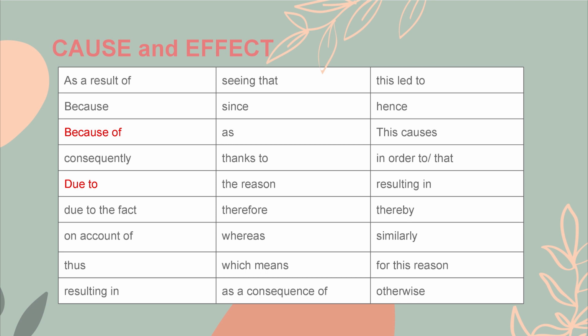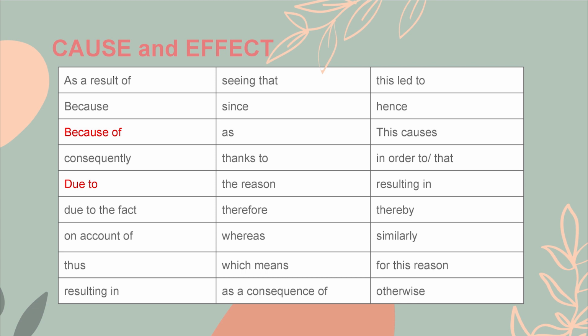Here we have some conjunctions that we can use in our sentences to connect the cause and the effect, such as as a result of, because of, consequently, due to the fact that, on account of, thus, resulting in, seeing that, since, and all of the conjunctions here relate to a situation or event that has cause and effect.